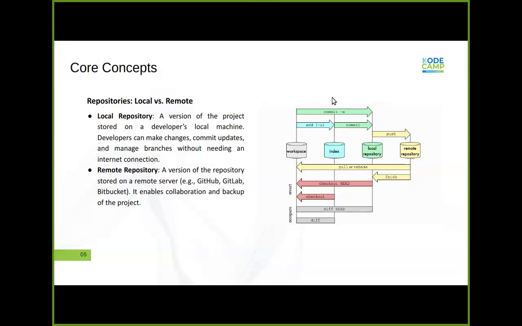Now, this index is like an environment that holds the code, but it's not yet pushed to the local repository. It is when you make the commit that it is now stored in the local repository. So you can make multiple changes, and the file goes to the index. Multiple changes go to the index. Then when you commit, it's now stored in the local repository.